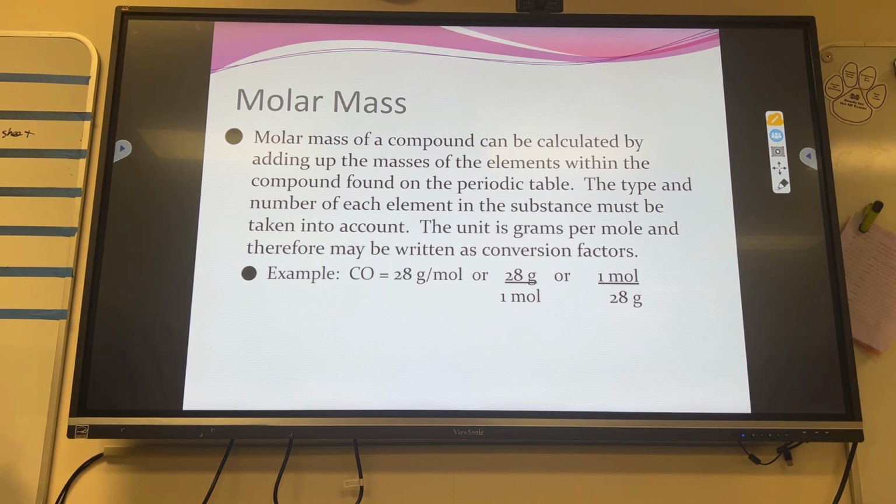That is the molar mass of copper. If this is 1 mole, that means it is also 6.02 times 10 to the 23rd particles, and it is also 63.546 grams. That is the secret to molar mass.